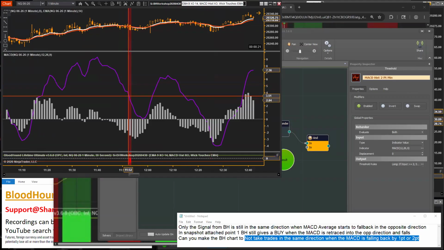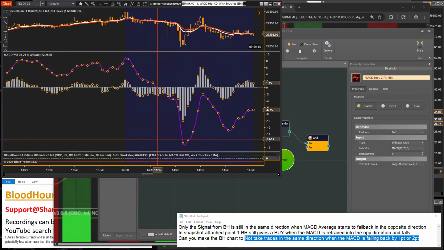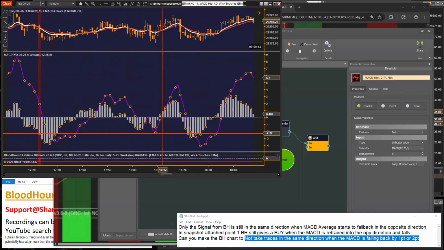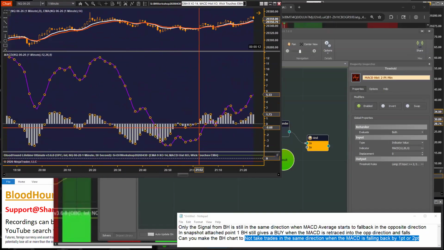So in all these signals, there is no pullback on the MACD line. Well, not yet. Let's see if I can find one here.